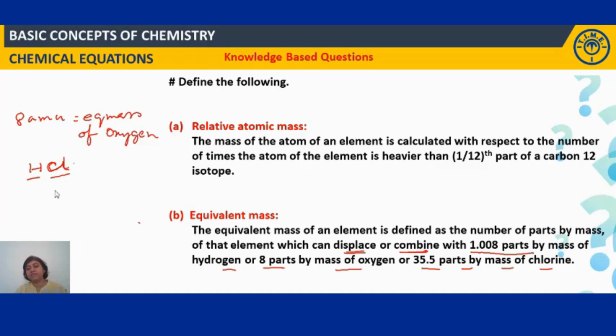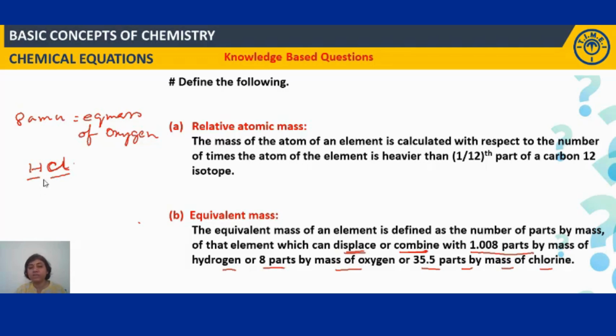So since the atomic mass of hydrogen is 1, equivalent mass is also 1. So one atom of hydrogen, that is 1 AMU of hydrogen, combines with one atom of chlorine. What is the atomic mass of chlorine? 35.5, isn't it? That's the reason we can say that 35.5 AMU of chlorine combines with 1 AMU of hydrogen.